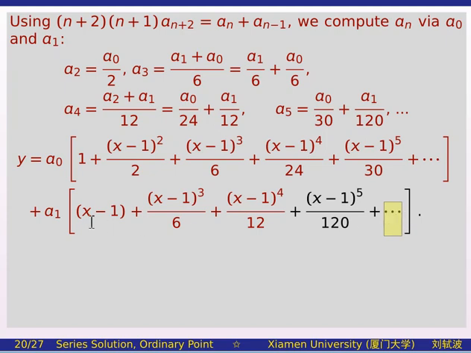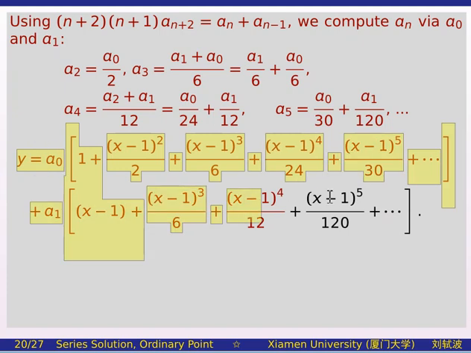As before, we write the dots to indicate we have more terms which have not been written down here explicitly. So this gives us a power series solution of our Airy equation about x0 equals 1. This is natural if you impose initial conditions at x0 equal to 1.